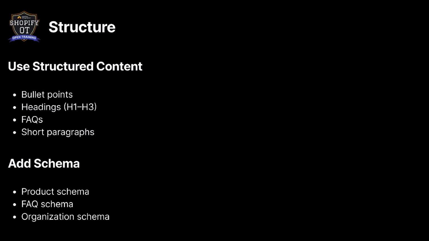The next one is structure. Again, these are machines, so they love structure. They look at websites as basically the code. They're reading the code, so the way we structure our content, structure is king.